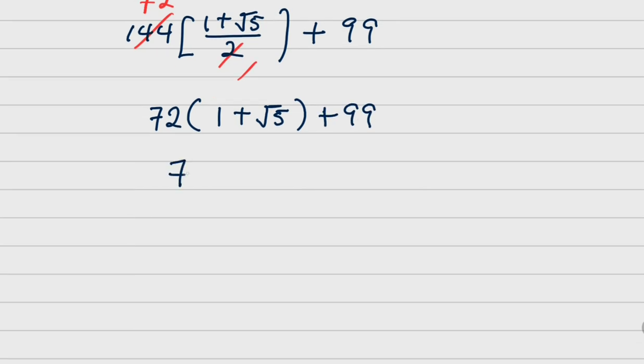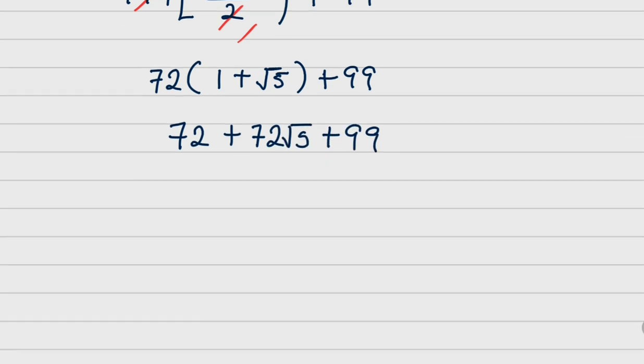Now this will be 72 plus 72 root of 5, then plus 99. Of course, I can add 72 plus 99 to give us 171 plus 72 root 5. And this is the expansion. So this is the answer.